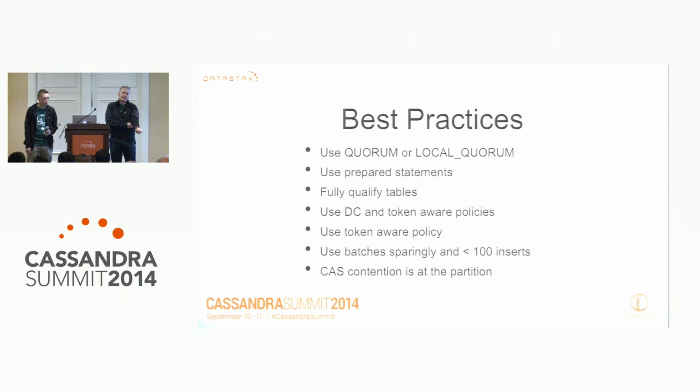Quorum means I need the majority of the replicas of a piece of information to acknowledge a write. And once the majority acknowledge the write, only then will the write be considered durable and good, right?